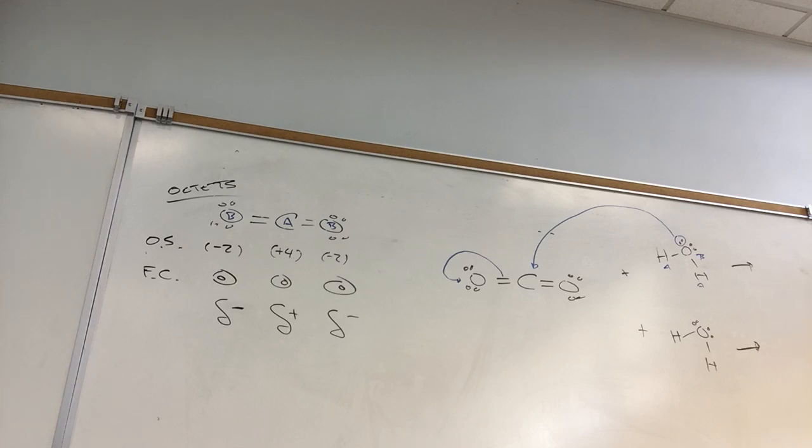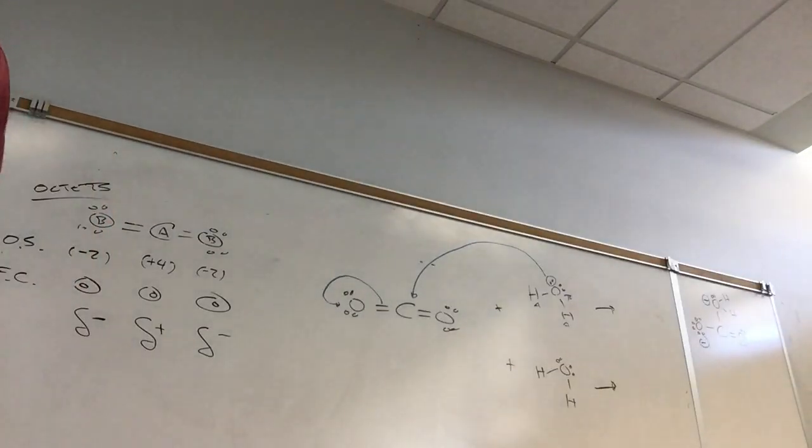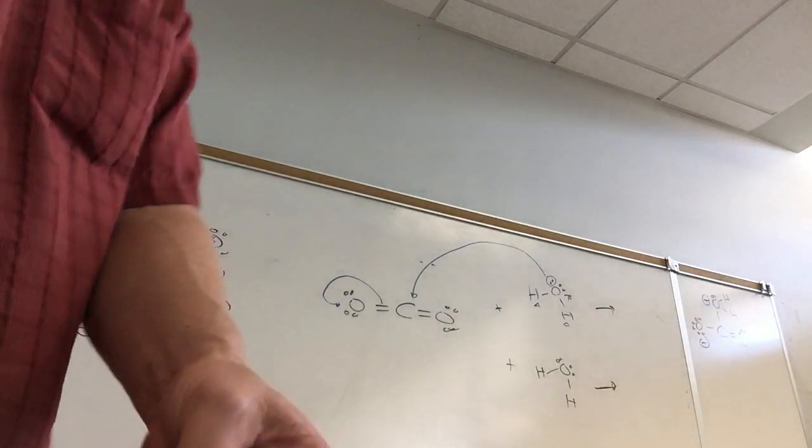The formal charge on this oxygen is plus, the formal charge on this oxygen is minus, and the other formal charges are all 0. Is this good? This oxygen has extra, this oxygen is missing. If you had a tug of war between two oxygens, it should be a tie. And so this is not favorable. And so we'll look at this next time since we're out of time today. I went over a little bit.